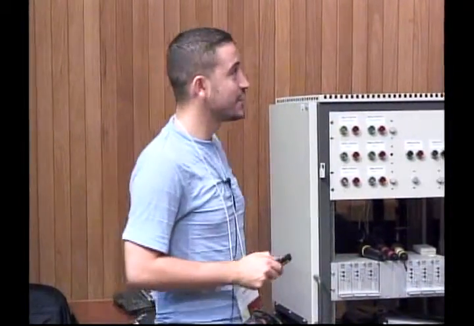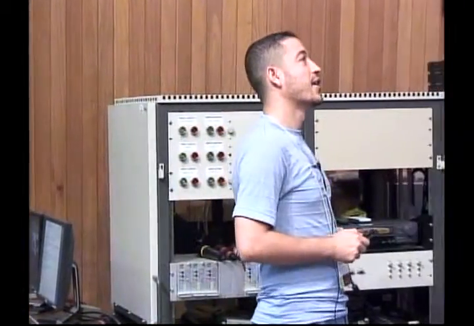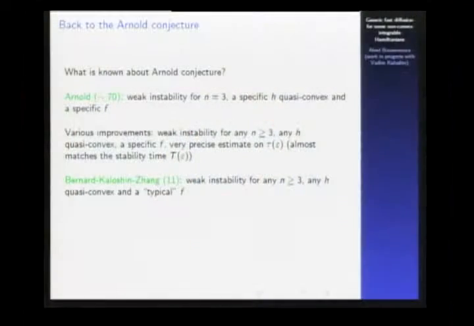Until recently, you had results for only one f. Now there are results for more than one f. This is due to Patrick Bernard, Vadim Kaloshin, and Ke Zhang. They still prove weak instability for any n, for any h but still quasi-convex, and a typical f.